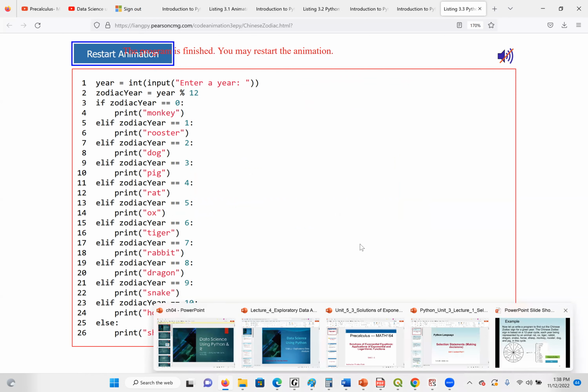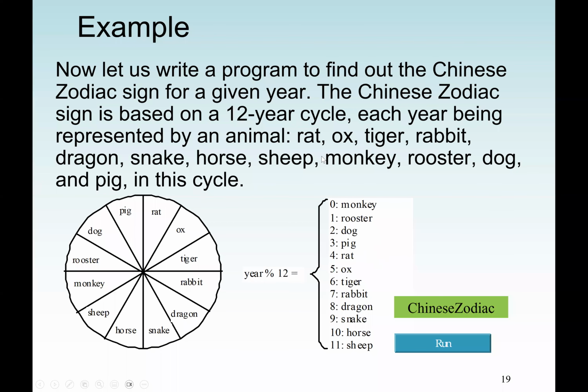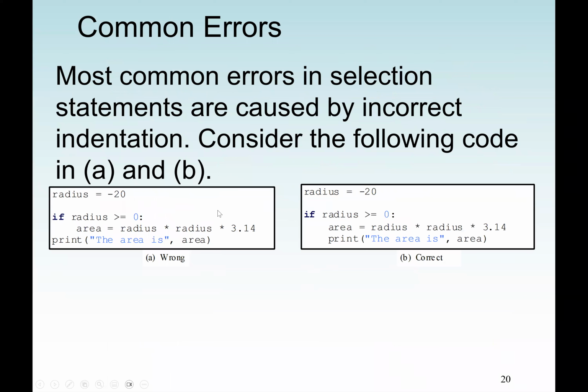So hopefully we understand how to use again the if-else and if-elif, which is multiple way. So most common errors in selection statement, one, I would say the indentation. So for example, here, radius is minus 20.